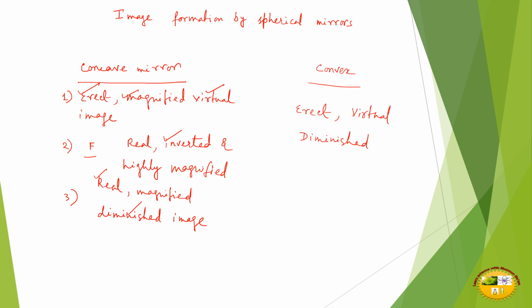You may have seen that on the side of the road mirrors are fixed so that we can get a diminished but wider view. In cars and motorbikes the mirror is a convex mirror, so that we can get a diminished but wider view.